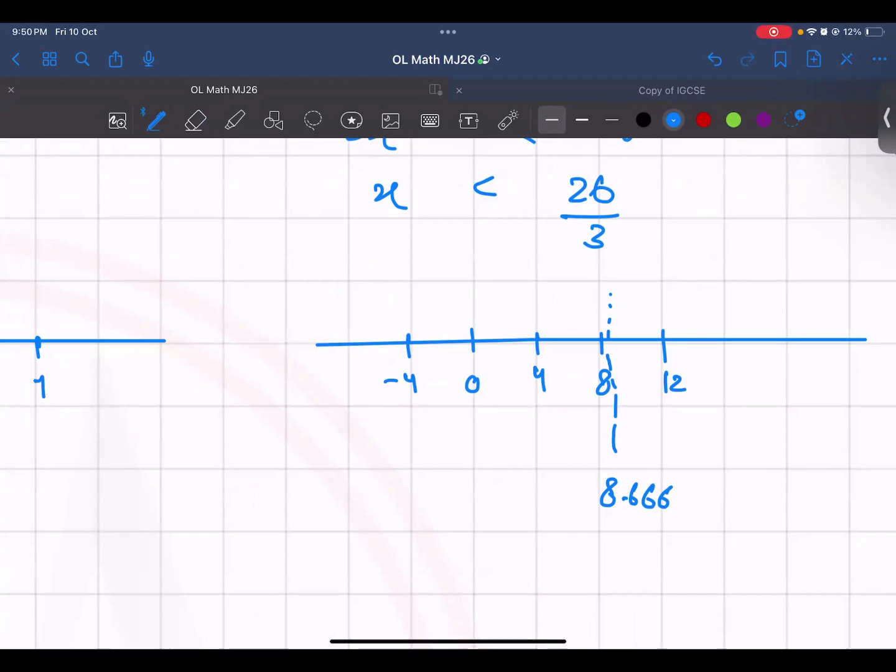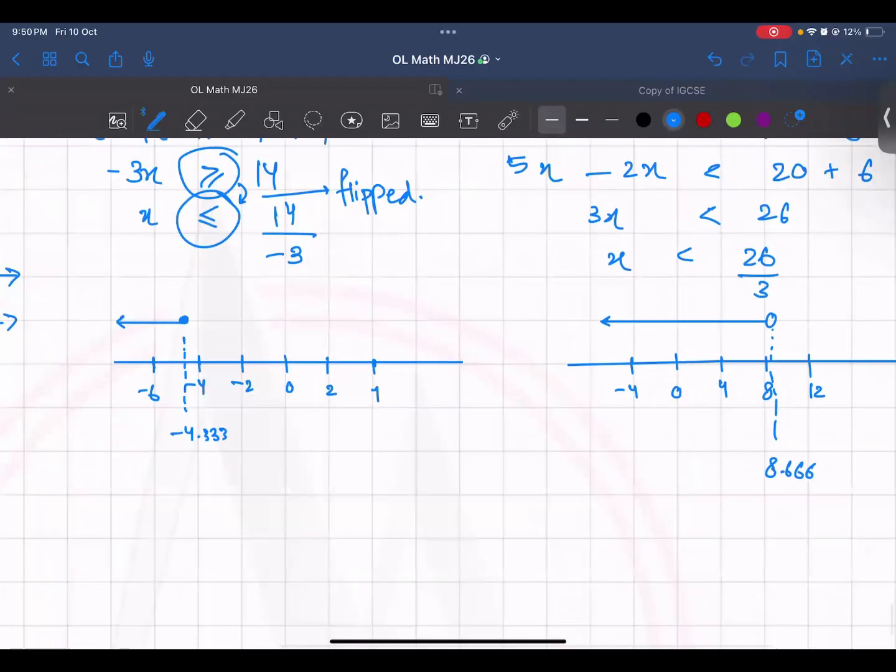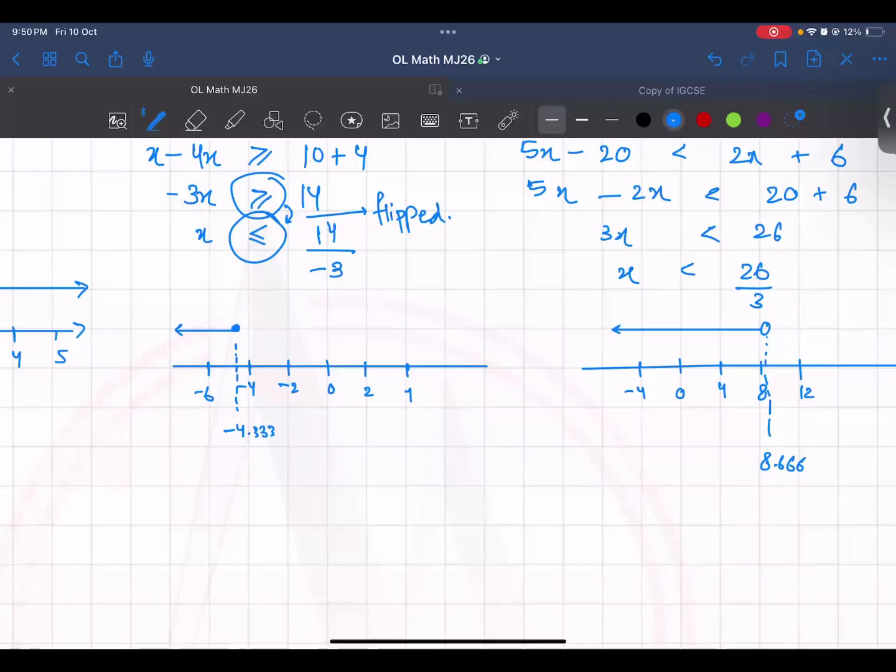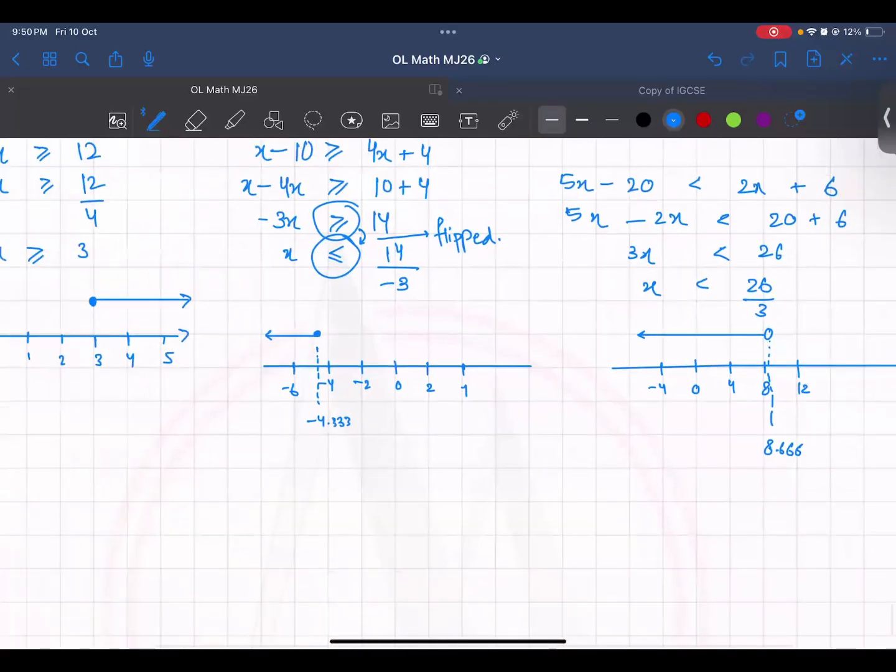So 8.66, this would be a hollow dot and to the left side. Why? Because it is not included. It is less than 8.6666. So if it is only less than or only greater than, let me write this down. If it is less than or equal to, then this would be a completely filled dot.